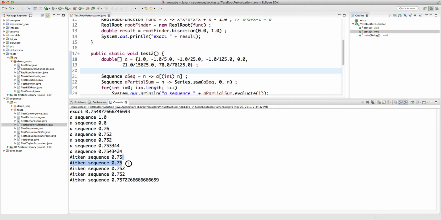But then it kind of stays there, doesn't add much, and then eventually it becomes 0.7572. So eventually it ends up with 2 decimal places of accuracy, whereas the A sequence, it has at least 3 decimal places of accuracy.